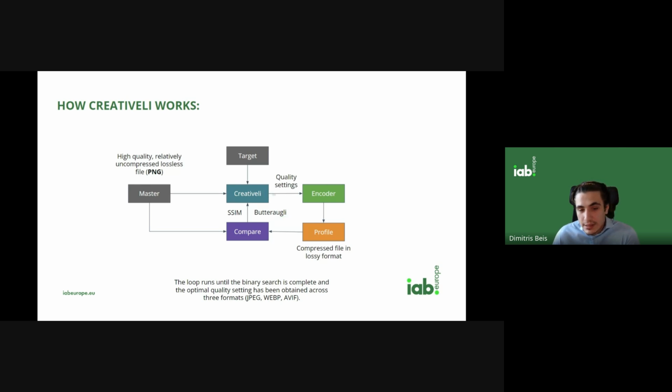And then it sends quality settings to the encoder, which then develops a profile. That's the compressed file in one of the three lossy formats. That's compared with the original master, and then the metric is given back to CreativeLi. We test whether it meets the target or not, and if not, we continue the loop until we find the optimal quality setting. And we do this across three formats, that's JPEG, WebP, and AVIF, all in the lossy mode.